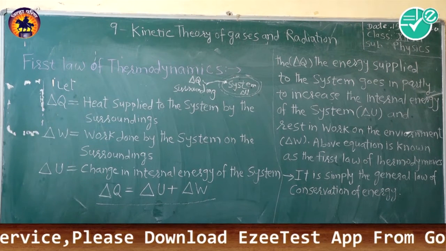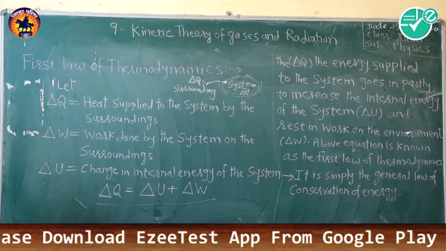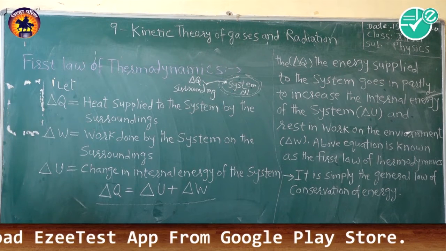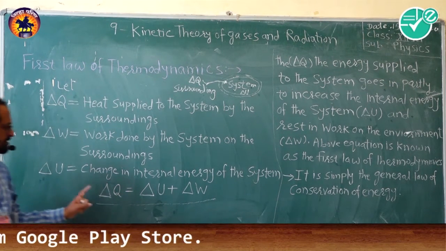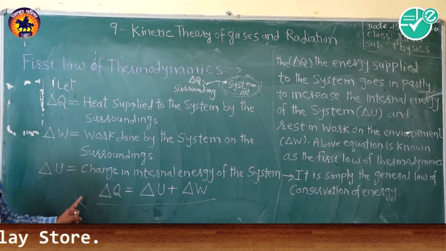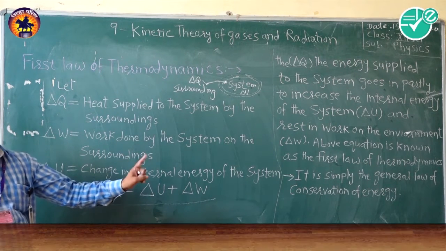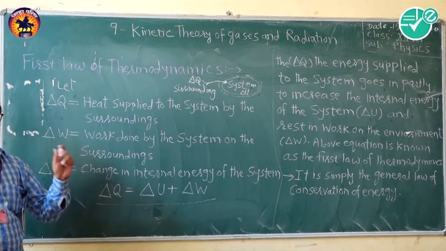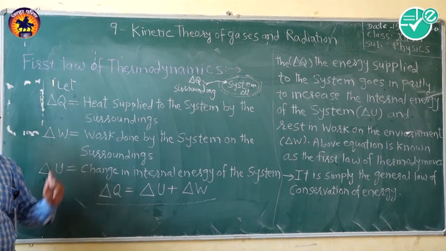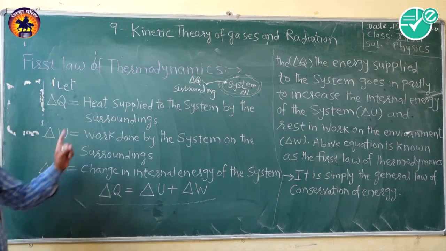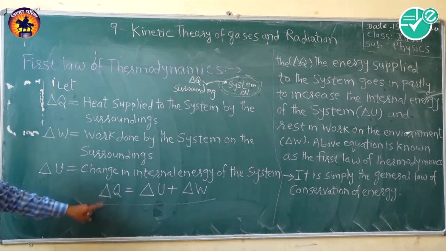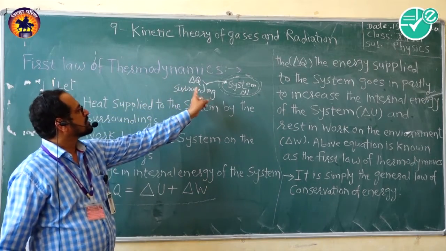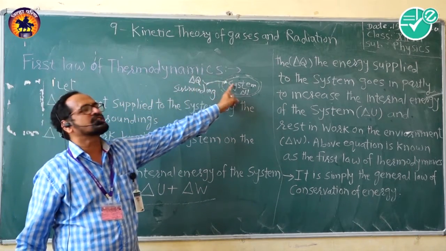This law is very important. If you supply heat energy, you know that heat energy will move from one point to another point when there is a temperature difference. The temperature should be different for the system and the surrounding, so that heat can be supplied from the surrounding to the system.